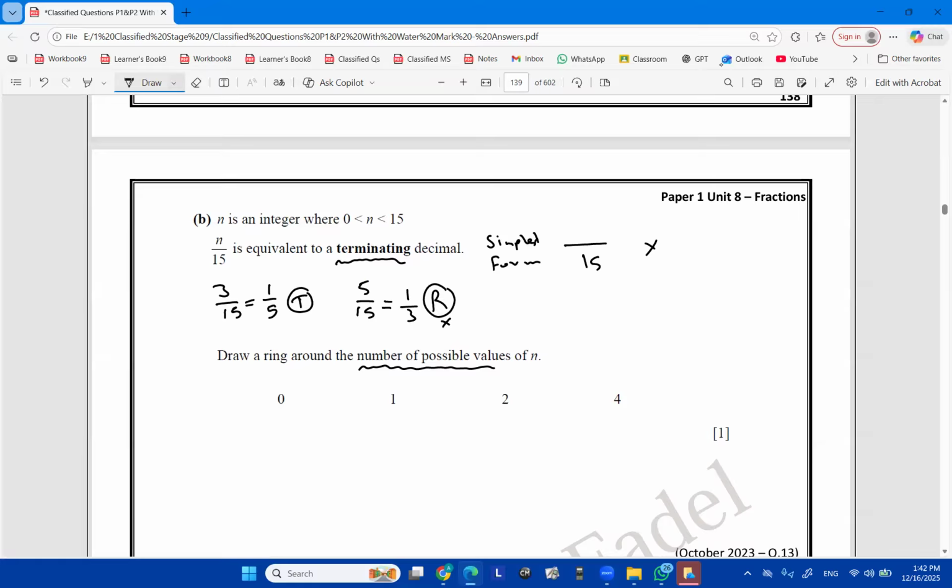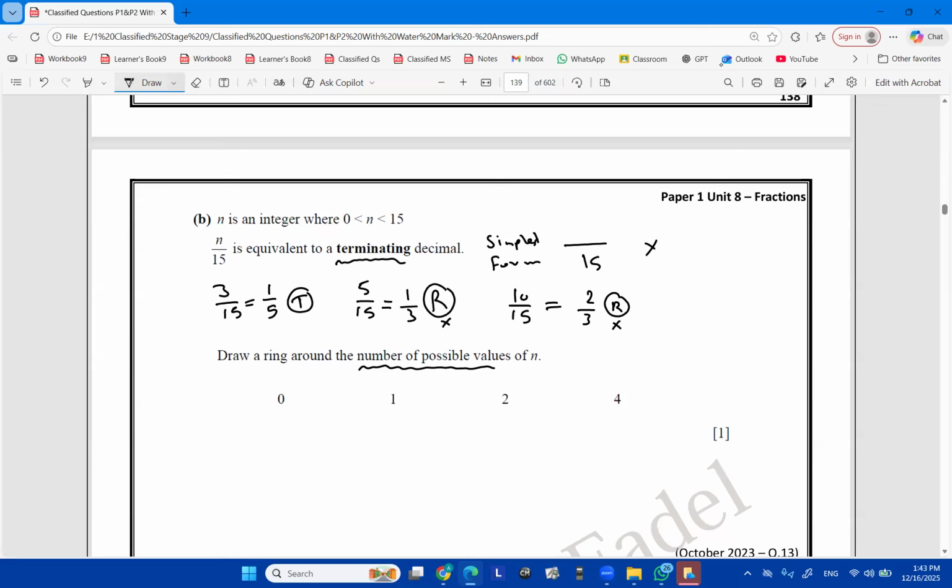All right, what else? I got also, Mister, in there 10 over 15. It will be simplified to what? Dividing by 5, it is going to become 2 over 3, Mister. No, Mister. It still will be recurring. I cannot take it. We want only terminating.